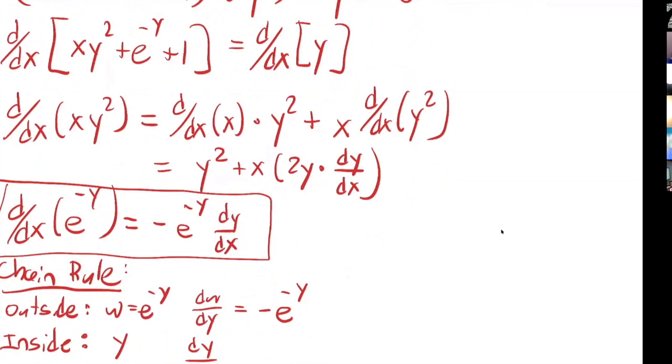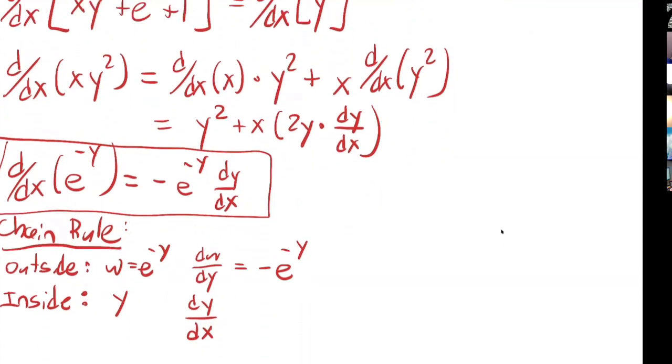So, we were sitting up here, taking the derivative of both sides. We did this one with the product rule. We did that one with the chain rule. What's the derivative of 1 with respect to x? 0, thank you. And then on the right side, we still need to take the derivative, but this would be 1 times dy dx on the right side.